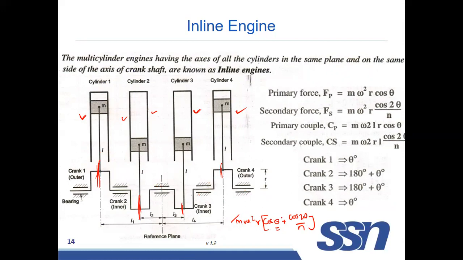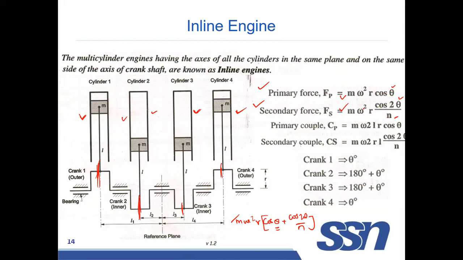Now this is divided into two: one is the primary unbalanced force, and the other is the secondary unbalanced force. The difference is that in the primary force the angle is theta and there is no n, but in the secondary force the angle is 2 theta and it is multiplied by 1 by n.